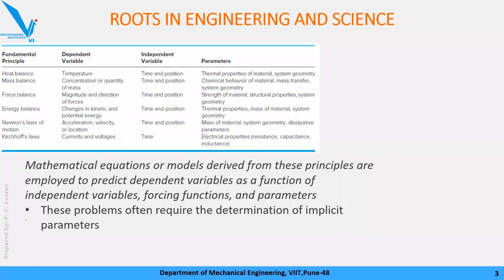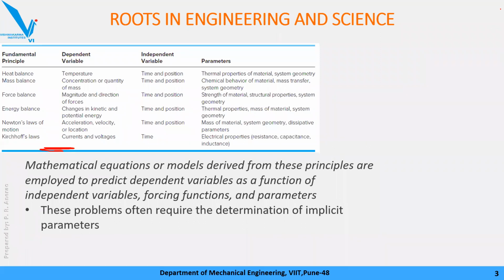Again I'll come back to this sheet, which represents some basic governing principles we always come across. I'll give you an easy example. From strength of materials, there is a problem of design of a column.